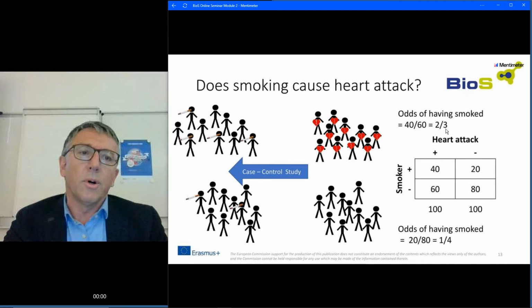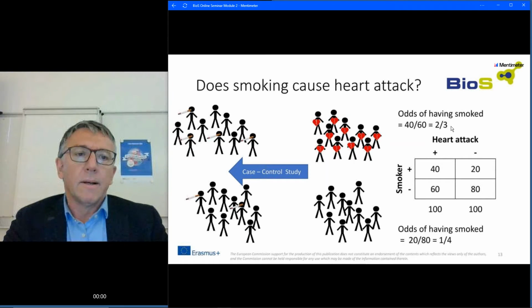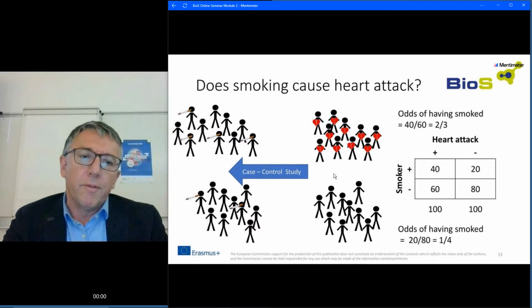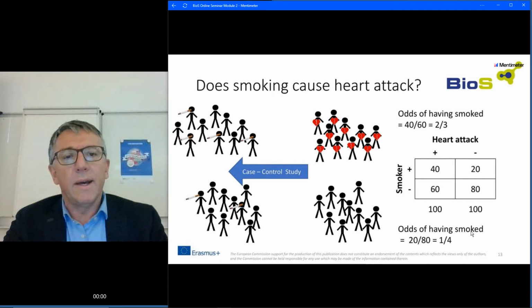If you had a heart attack, the odds of having smoked are 2 divided by 3, 0.66. In comparison, the odds of having smoked if you have not had a heart attack, if you are in the control group, is 20 divided by 80, which is 1 divided by 4. So the odds of having smoked, if you have not had a heart attack, is smaller than the odds of having smoked if you had a heart attack.